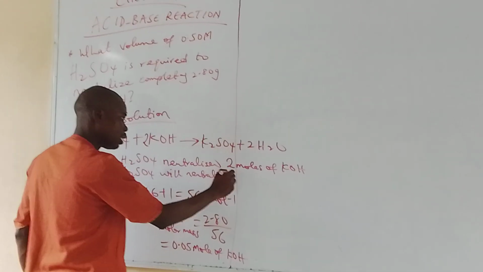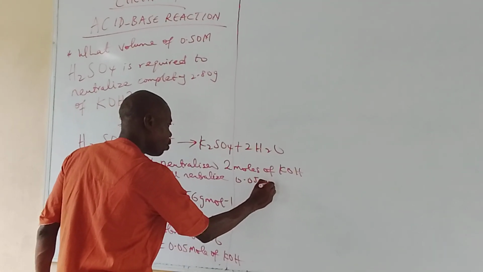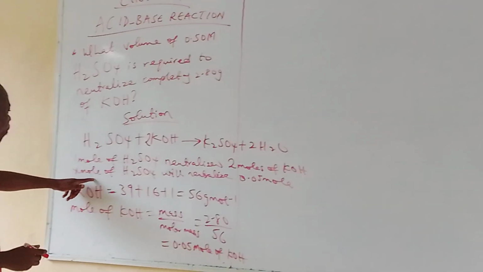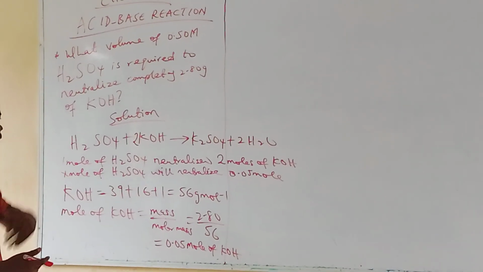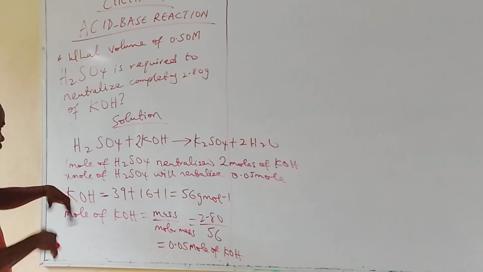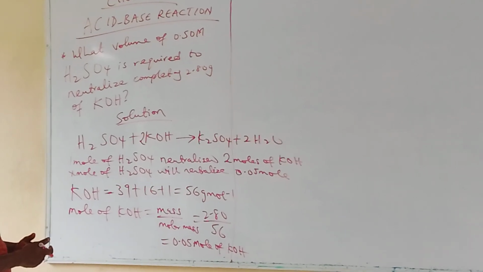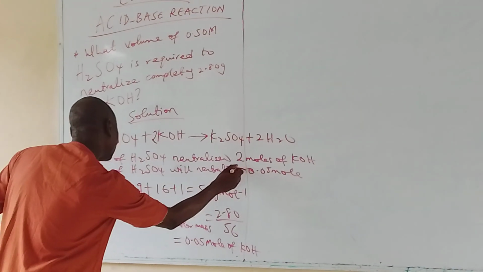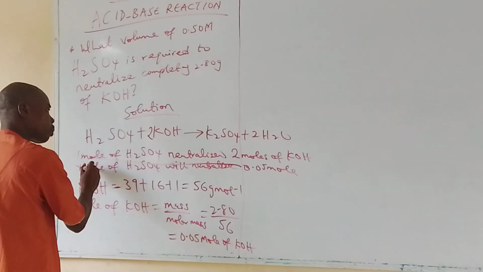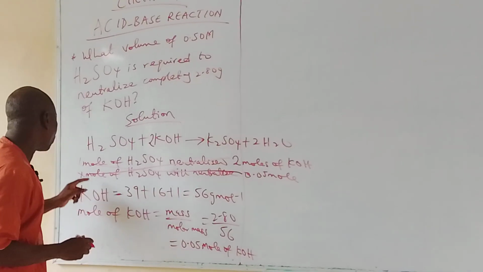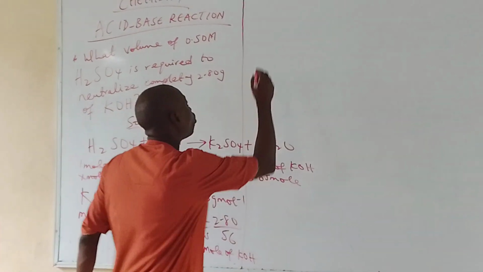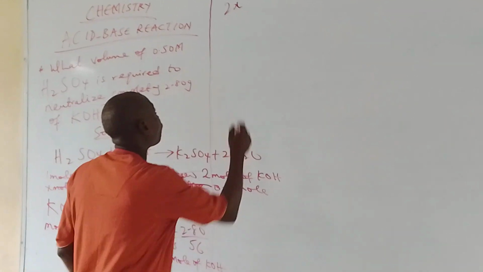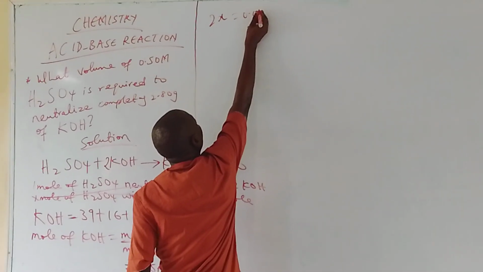It is pertinent to find the number of moles of H2SO4 from this reaction. This is just a mathematical proportion, so I'm going to cross multiply. x times 2 is equal to 2x, then 1 times 0.05 is equal to 0.05.